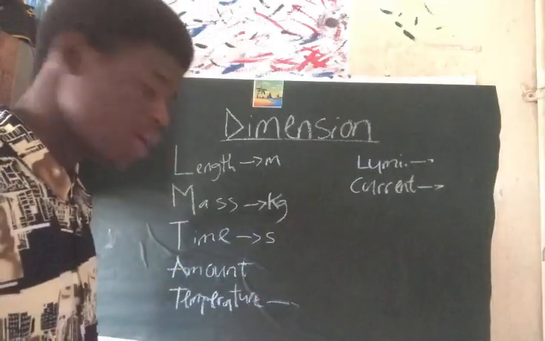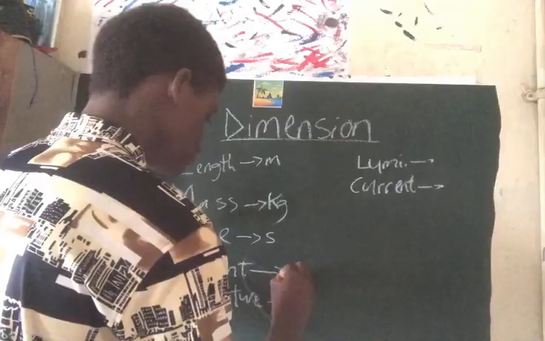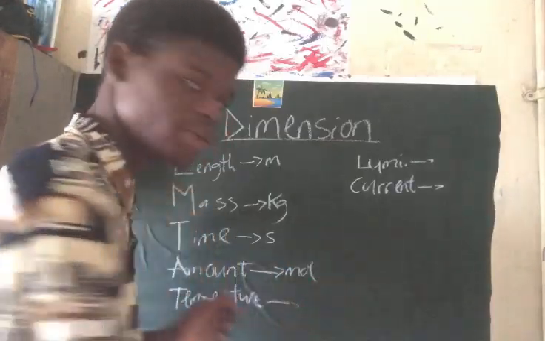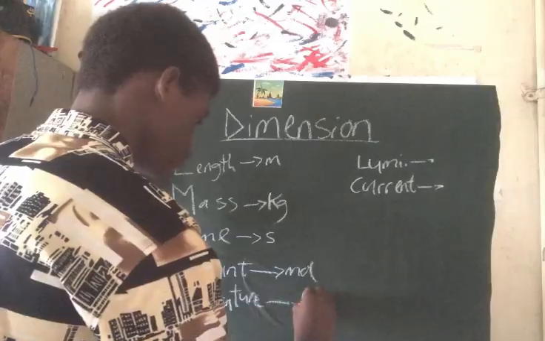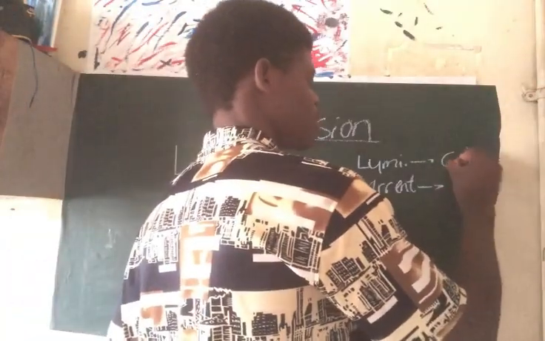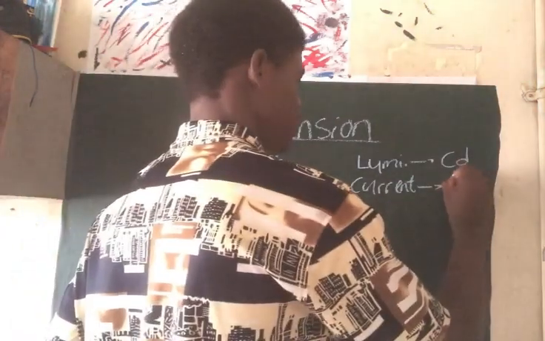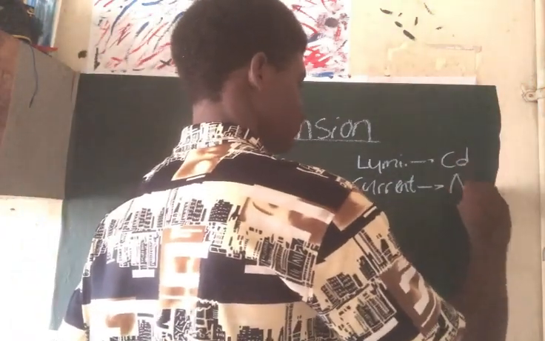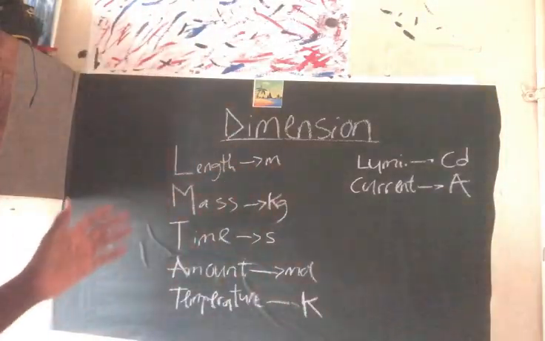Amount of substance is mole. For temperature, it's Kelvin, because Kelvin is the standard unit. So it's Kelvin we are going to use. For luminous intensity, it's candela, cd. And for current is ampere, A. So these are the 7 fundamental quantities and their units.